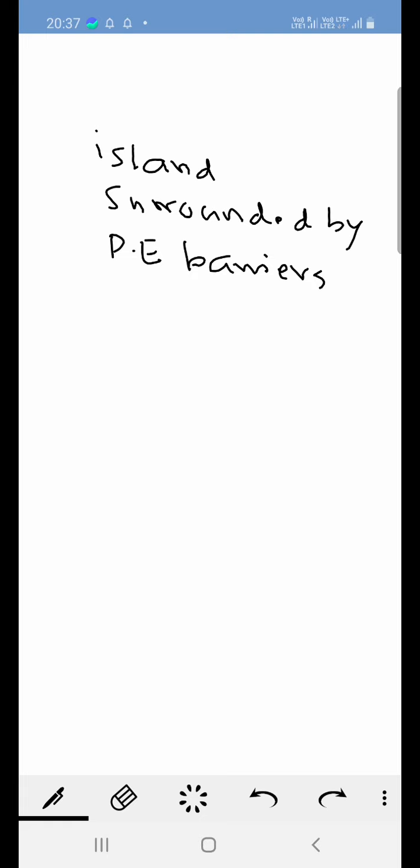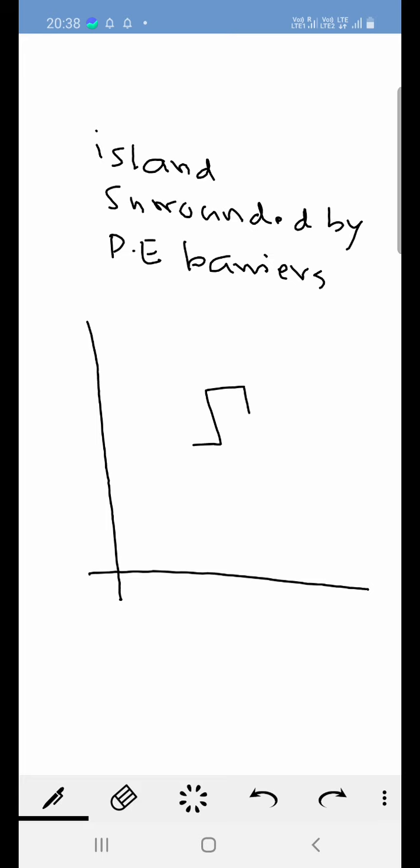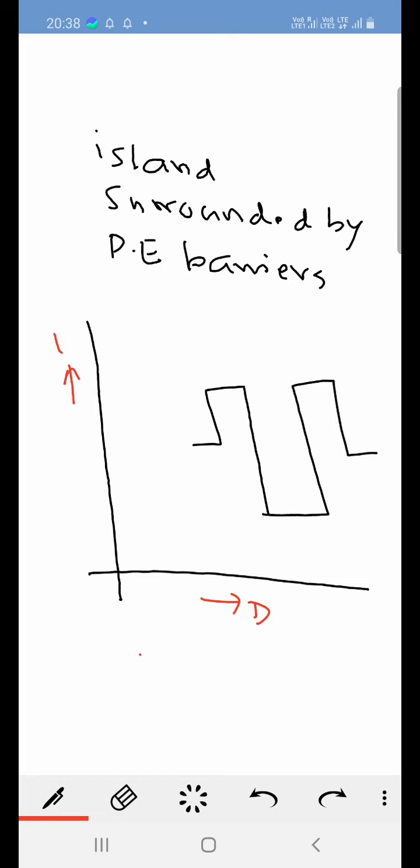Now, consider the energy versus distance diagram. Plot the energy versus distance diagram. It will look something like this. This is distance and this is the energy.